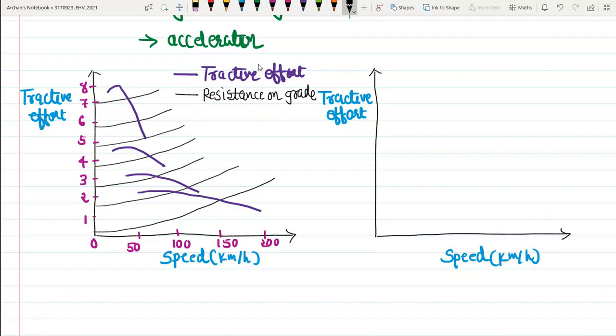Right, then let me give you the values. Say this is my 0 degree or 0% value.